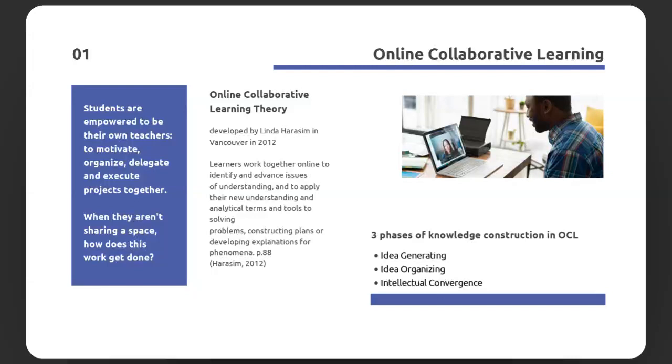Online collaborative learning theory was developed by Linda Harrison in Vancouver in 2012. Learners work together, constructing plans, developing explanations for phenomena. The 3 phases of knowledge construction in online collaborative learning are idea generating, idea organizing, and intellectual convergence.